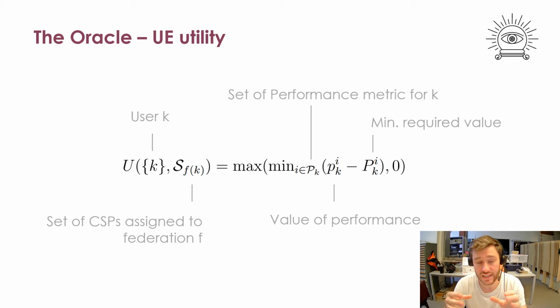So in the end, we can have a binary application where the utility becomes 1 if all these values of the performance metrics exceed the minimum required performance value. For example, for wireless power transfer, it could be sufficient that we provide a certain amount, let's say 1 milliwatt, and that's enough.